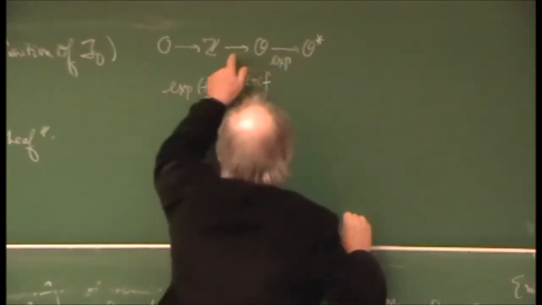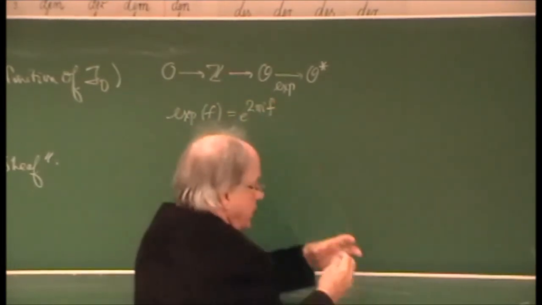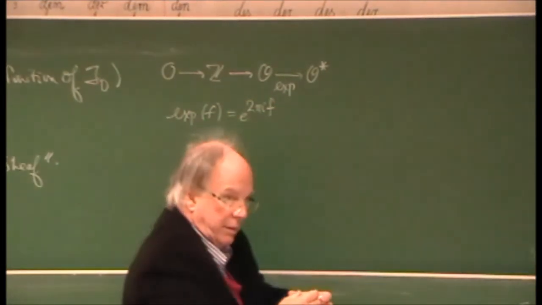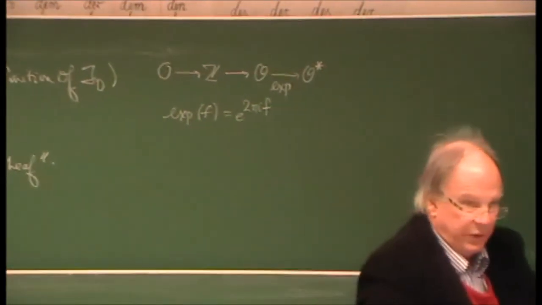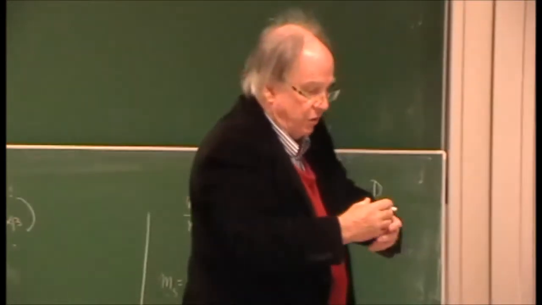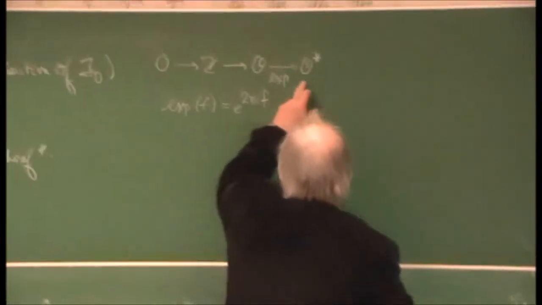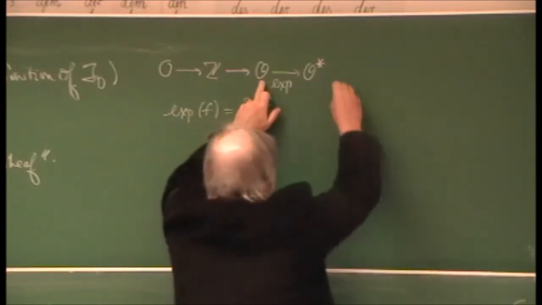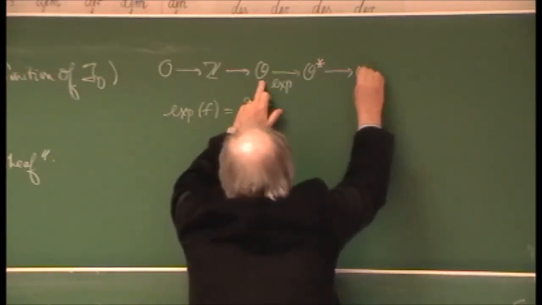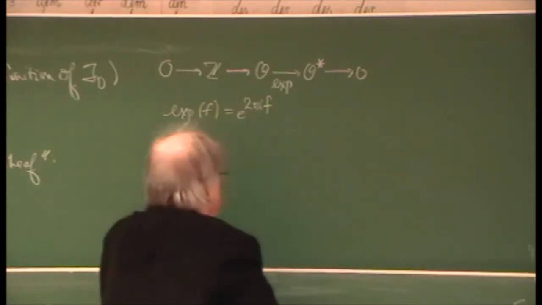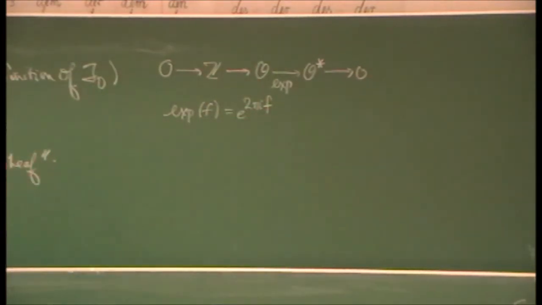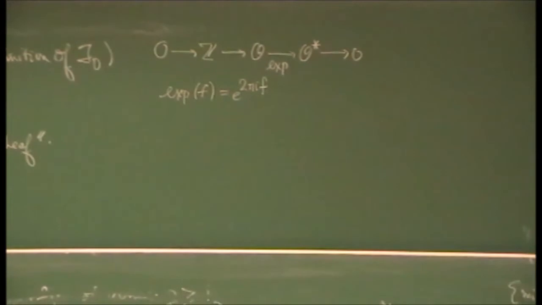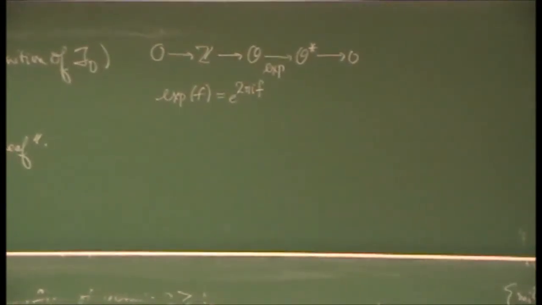For a sheaf to be exact means it's locally exact, in the direct limit. So it's completely clear that if you have a non-vanishing holomorphic function, you can take its logarithm. So this is surjective, and the kernel of this map is the constant functions. It's a fundamental exact sequence.